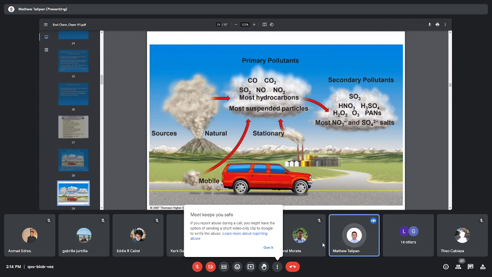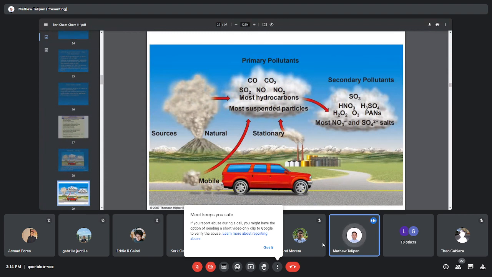In terms of anthropogenic sources, it can be a point source. Point sources of pollutants are the sources that we can easily pinpoint in terms of origin. They can be stationary or mobile, and these pollutants can interact with other gaseous components in the Earth's atmosphere.